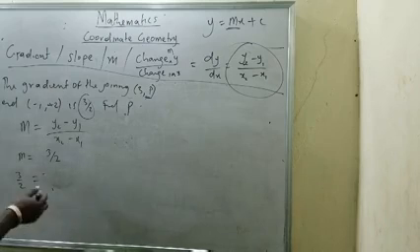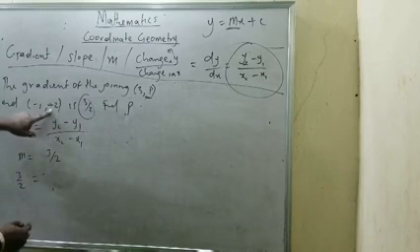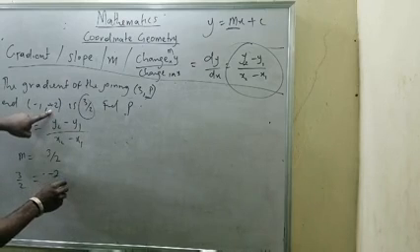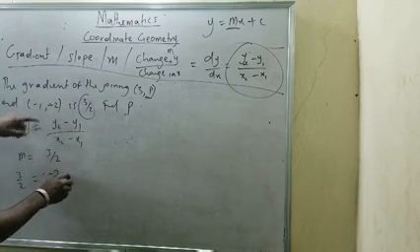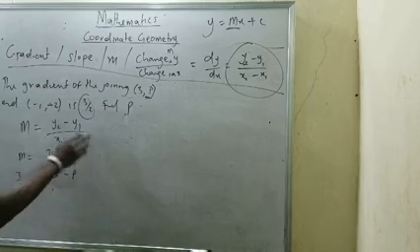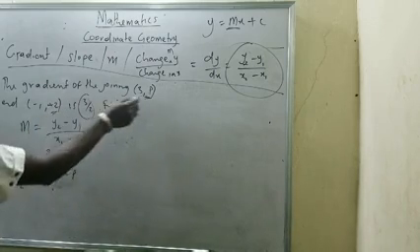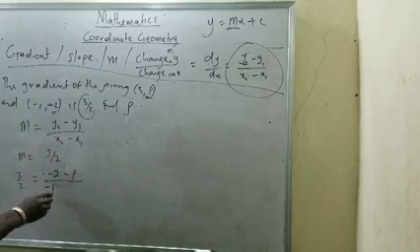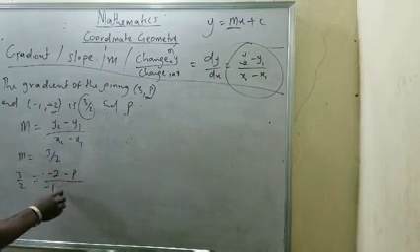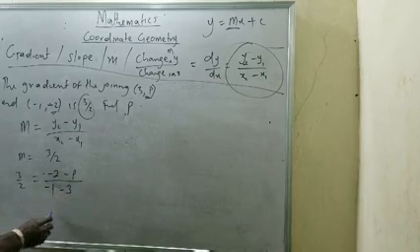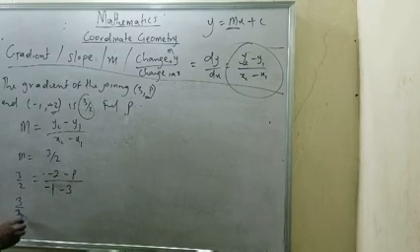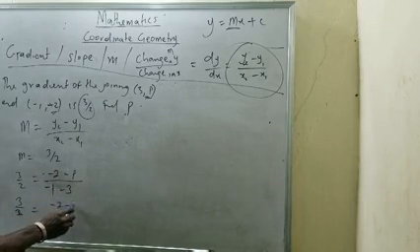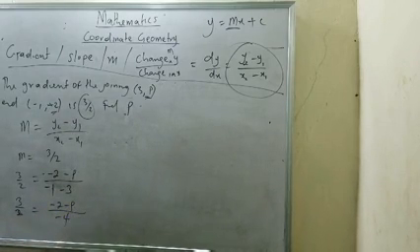My y2 is minus 2, minus P. Yes, this is my y1, I mean y2 minus y1. And divided by x, which is minus 1 minus 3. So I'll have 3 all over 2 equals minus 2 minus P divided by minus 4.